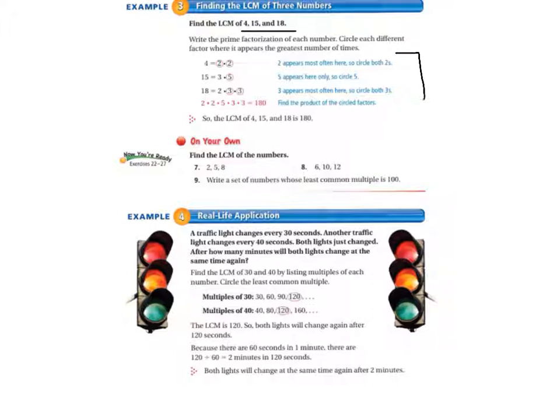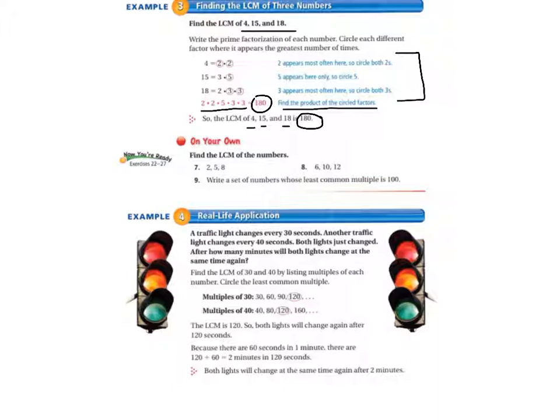So that's what those notes off to the side tell us. So we take our circled numbers and we multiply them together, and when we do that we get 180. 2 times 2 is 4, times 5 is 20, times 3 is 60, times 3 is 180. So we find the product of the circled factors. So the LCM of 4, 15, and 18 is 180.